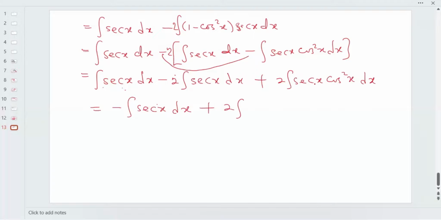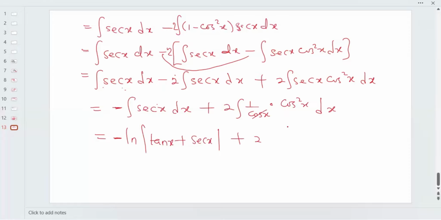Now we know that sec x is 1 over cos x, so this will be 1 over cos x times cos squared x dx. When I integrate sec x, I get, with the minus at the front, ln of tan x plus sec x, plus 2. One of the cos cancels, leaving the integral of cos x dx, and when I integrate cos x I get sin x.